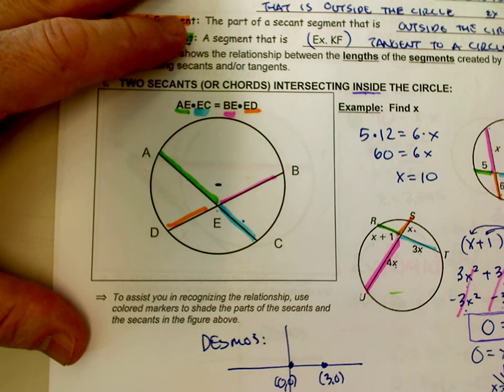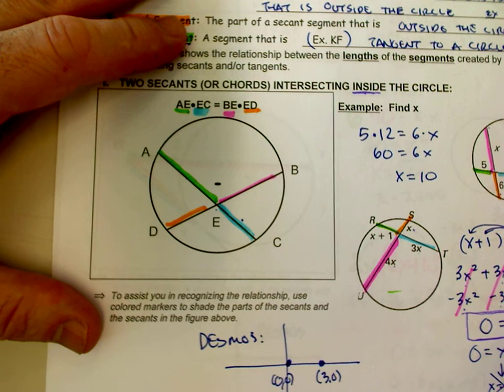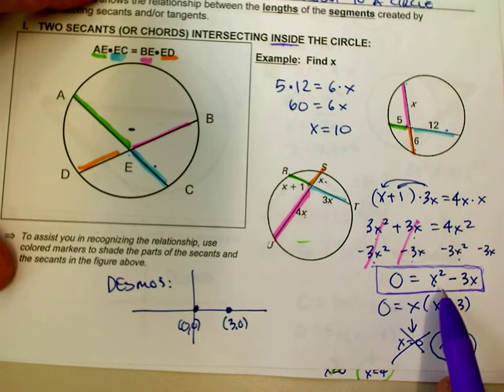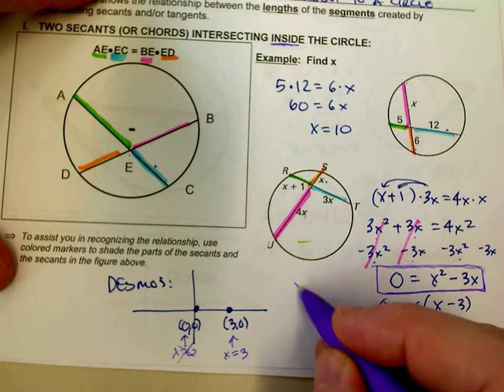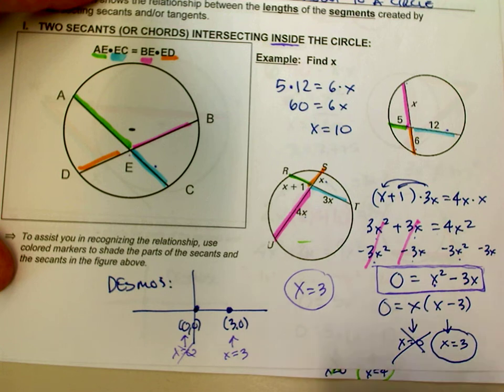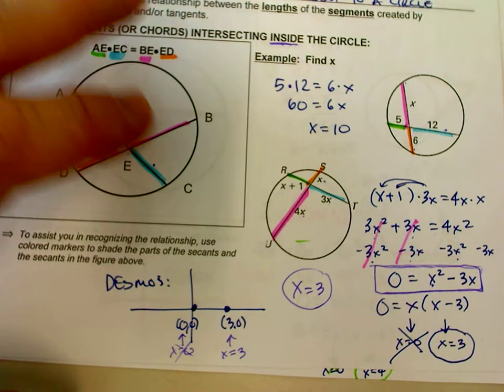What you're going to see is a graph that gives you the zeros. Remember, zeros are the values of x that will give us 0. One of them is x equals 0, and the other one is x equals 3. Well, in this case, if x equals 0, we don't have a circle, so the only solution here is x equals 3. This can also be done by factoring.